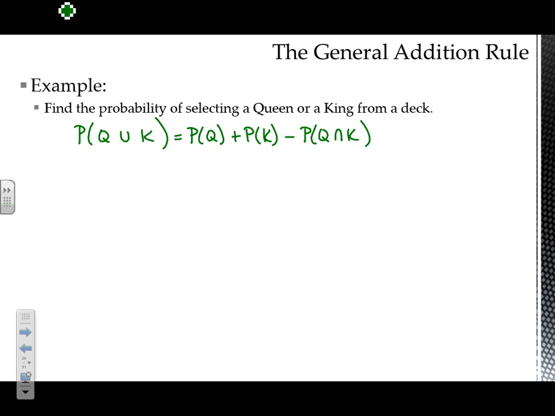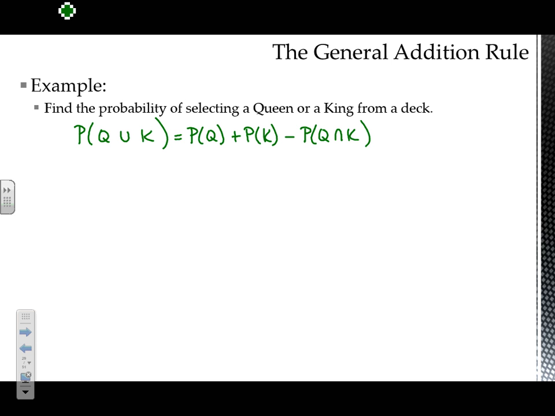So if I want to calculate my probability here, what is the probability of drawing a queen from a standard deck of cards? 4 out of 52. 4 queens out of 52 total cards. So we have 4 out of 52 plus the probability of a king, 4 out of 52, minus, if I draw one single card, the probability that it's both a queen and a king. 0.